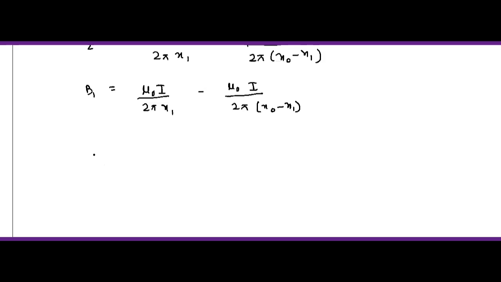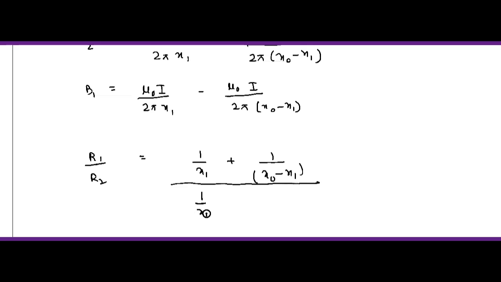So r1 by r2 would be equal to 1 over x1 plus 1 over x naught minus x1, divided by 1 over x1 minus 1 over x naught minus x1. Now in the numerator, if we take the LCM, it would be x naught minus x1 plus x1. The LCM of the numerator and the denominator would be the same, so we can cancel and just write the numerator over the denominator.